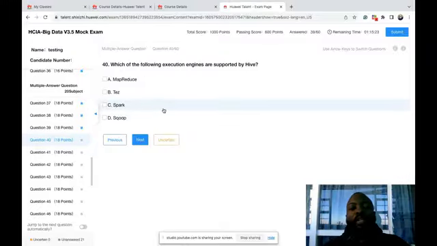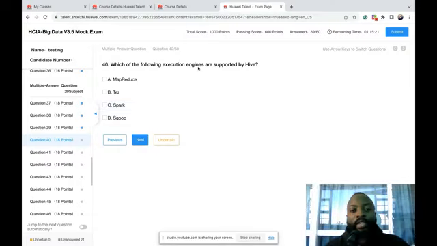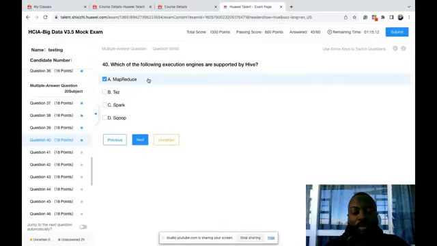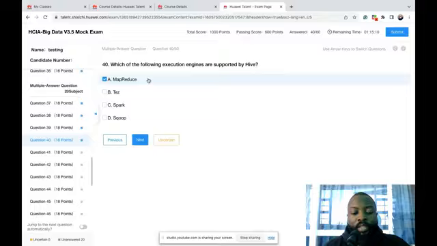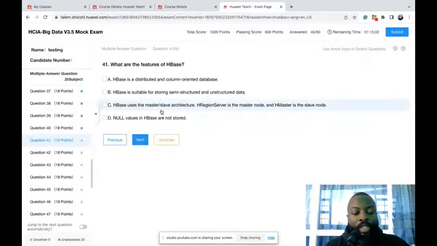Which of the following execution engines are supported in Hive? Let's see. What do we support in Hive? Yes, Hive can support MapReduce. What else does Hive support? Yeah, Tez and Spark. What are the features of HBase?